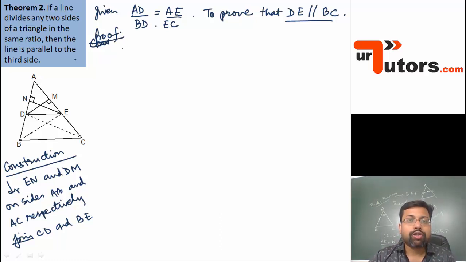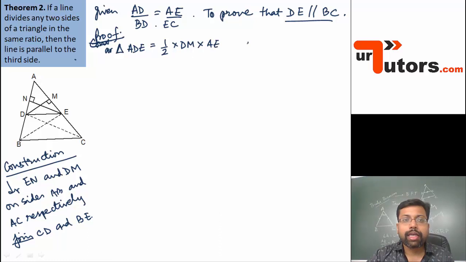Again, you have to take the area of triangle ADE. So area of triangle ADE, just as in the case we discussed last time, would be half into DM into AE. And area of triangle CDE is going to be half into DM into CE.